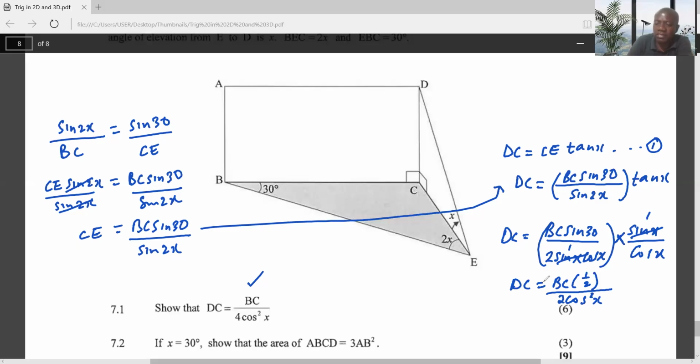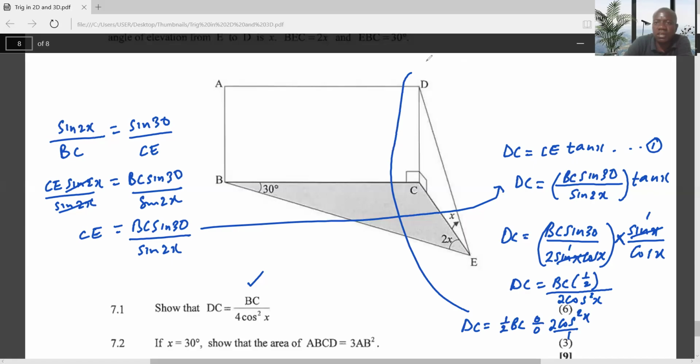Now let's rearrange this. This is the same as DC, which is the same as half BC, then divided by 2 cos squared x over 1. Let's now change division to multiplication. It means this will be DC, not BC.